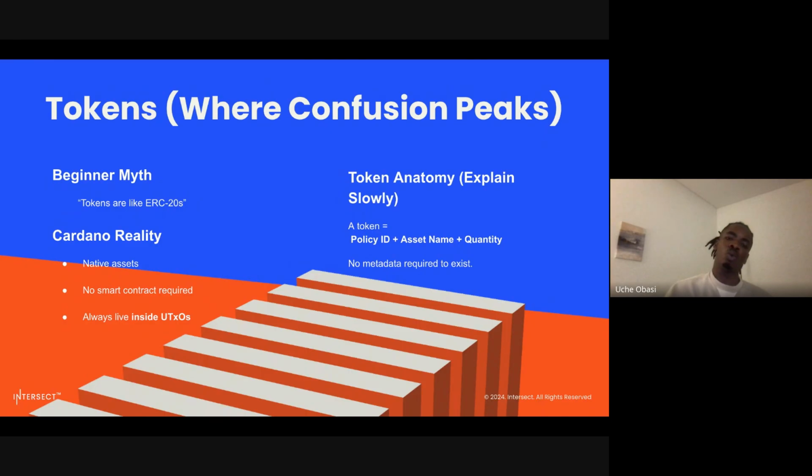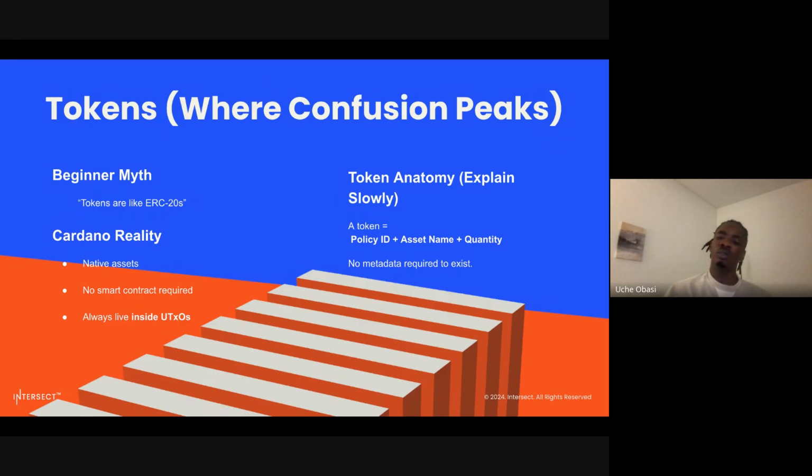Let's break down the token anatomy so you understand what tokens are deep down. A token is simply policy ID plus asset name plus quantity.